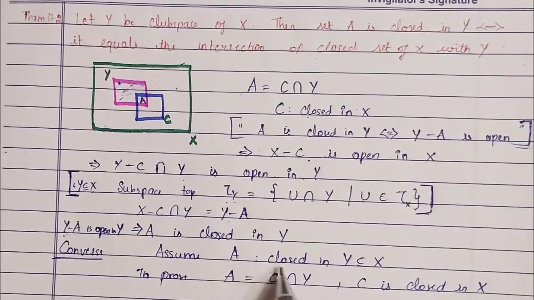So whatever set is closed in Y is actually nothing but an intersection of that Y with some closed set in X.